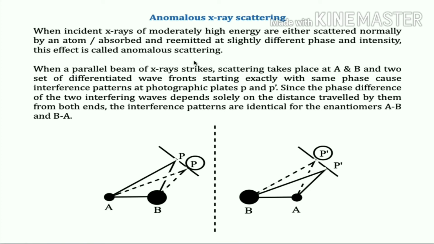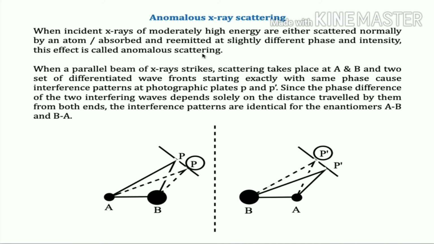So whatever wavelength we applied is now somewhat different because of absorption followed by re-emission. So there will be a difference in the phase as well as intensity, and due to this difference in phase and intensity, it is called anomalous scattering.